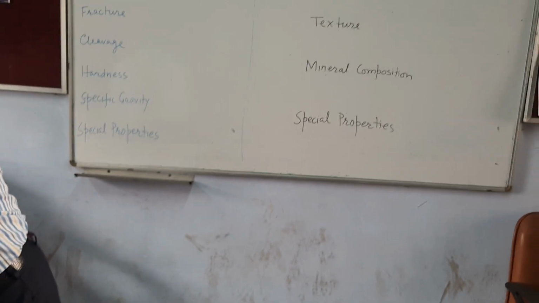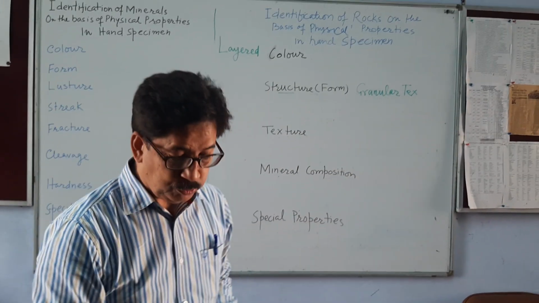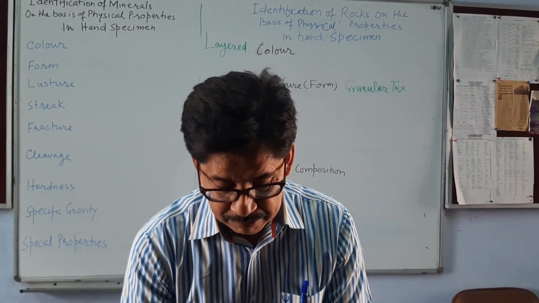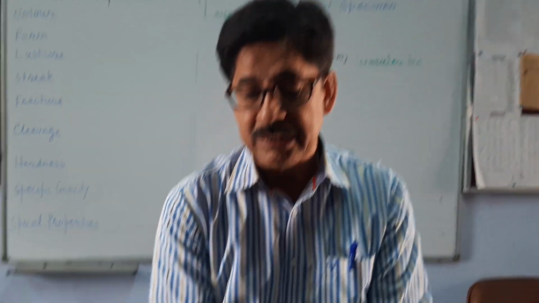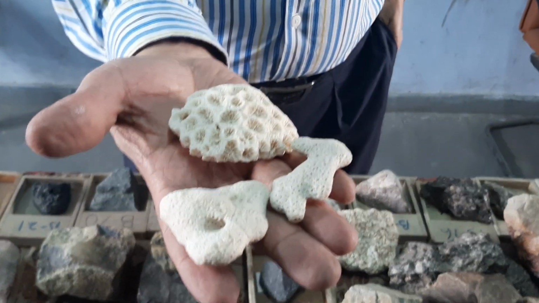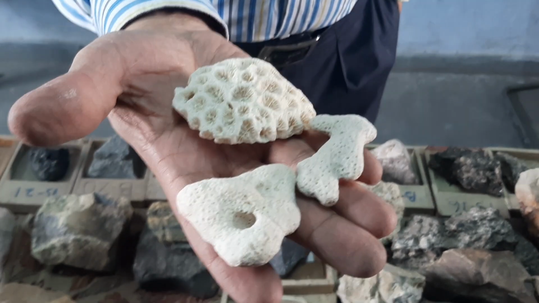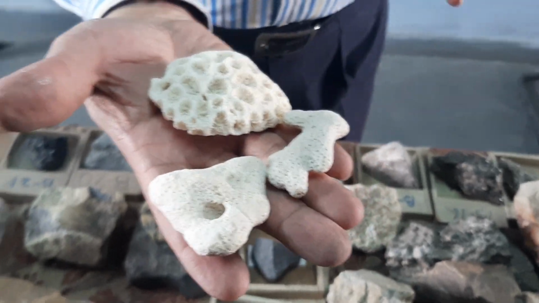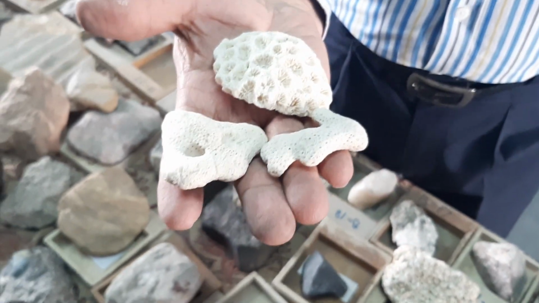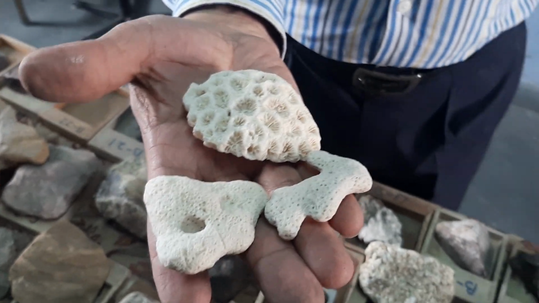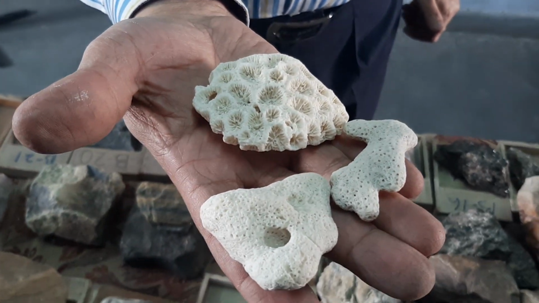This is coal. Then I can show you another rock which is not exactly completely rock. It is part of a rock. This is coral. When we have rock made up of corals, they are also organo-sedimentary rock.